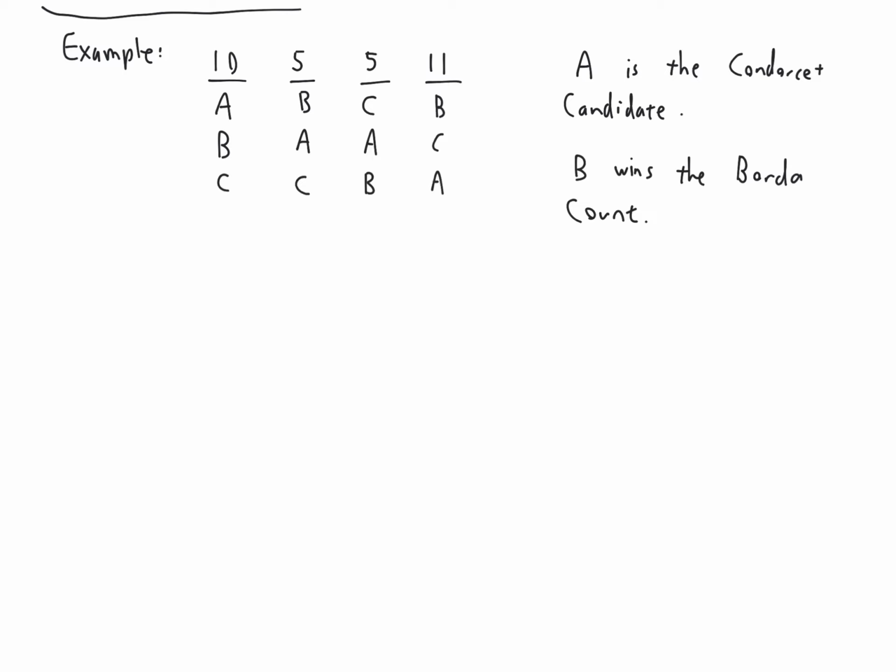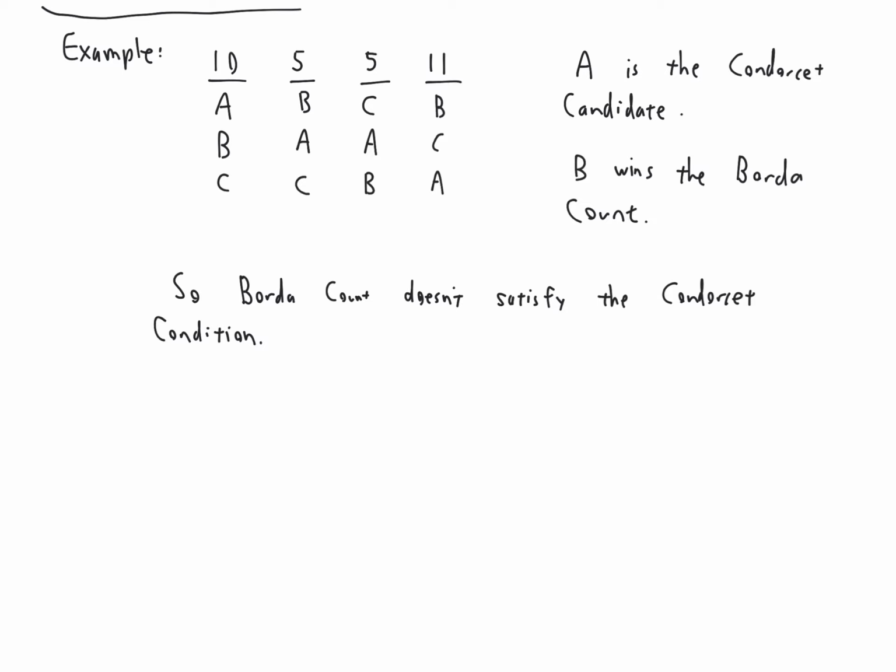So now we've seen two examples of elections with the Borda count, one where the Borda count voting system selects the Condorcet candidate and one where it doesn't. However, in order to satisfy the Condorcet condition, Borda count was supposed to always select the Condorcet candidate. So since we've exhibited an example where Borda count doesn't select the Condorcet candidate as the winner, we have to say that Borda count does not satisfy the Condorcet condition.